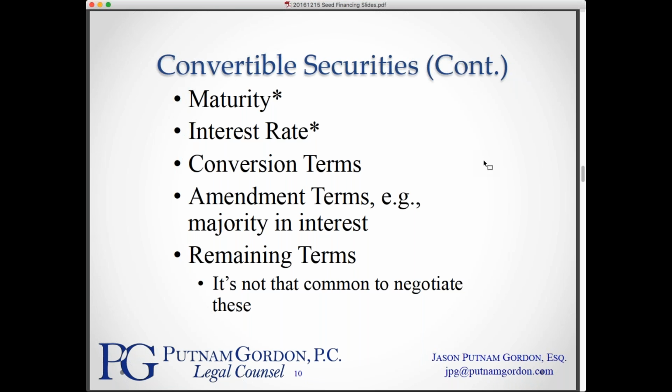With convertible debt, you borrow, let's say, $100,000 from an angel, and you have to pay that money back with interest. The date that it has to be paid back by is the maturity date. If you don't do that, then one of two things happens. There's potentially a default, or maybe you have conversion terms built into that, so it converts into common stock or something else.